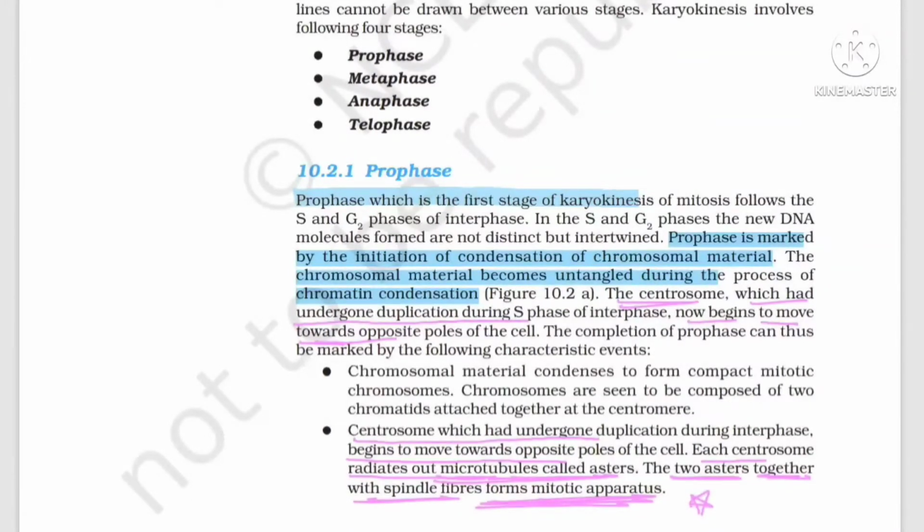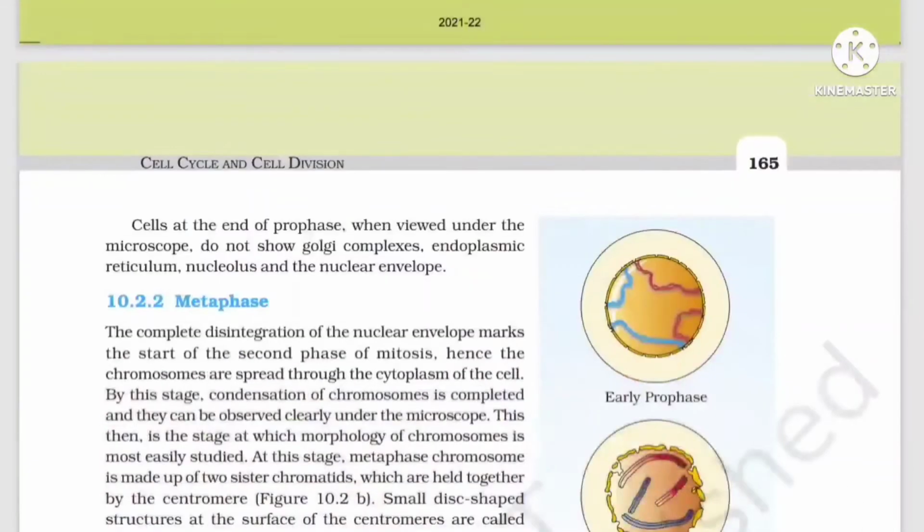So in the prophase, what is going on? Chromosome material condensation is going on, and we find how many chromatids? One chromosome has two chromatids. One centromere, two kinetochores. I think so this much for prophase is clear to you.